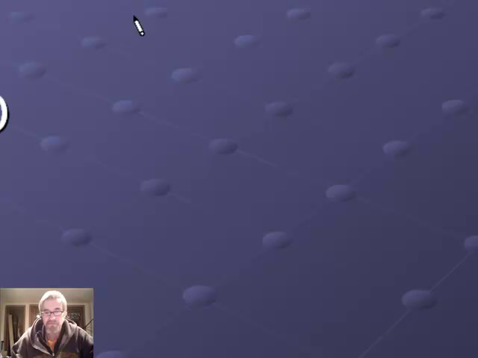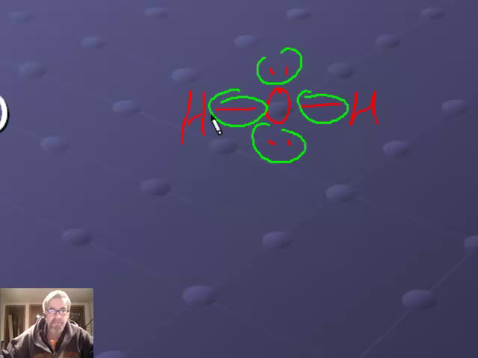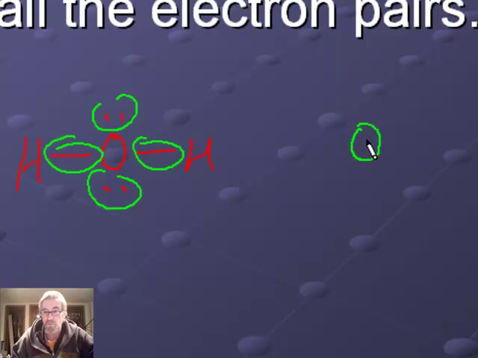If you draw the Lewis structure for water, you find that you have 4 regions of electron density. 2 of the regions are lone pairs, and 2 of the regions are bonds. But all 4 of those regions are repulsive to each other, whether or not there are bonds there. So if you think about that oxygen atom as being in the center, it's in the center of a shape that's arranged tetrahedrally. So we would have a bond here, and 109.5 degrees away we'd have another bond.